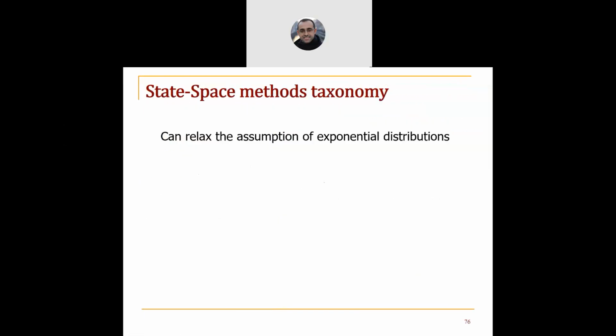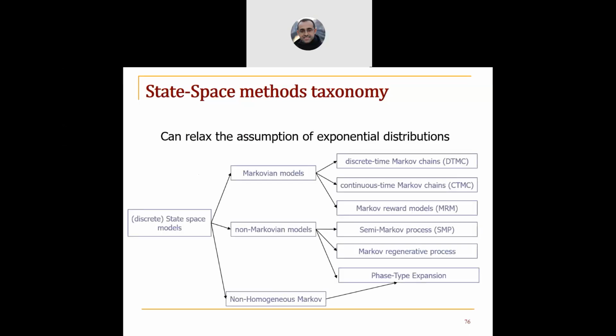And whenever we talk about Markov models, somebody will ask a question: but what about the assumption of exponential distributions you made, if you assume homogeneous continuous time Markov chains? Well, all these assumptions can be relaxed by going to semi-Markov process or Markov regenerative process or phase type expansion or using non-homogeneous Markov chains.